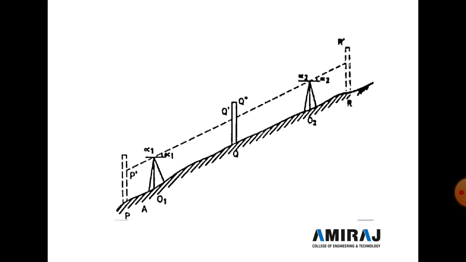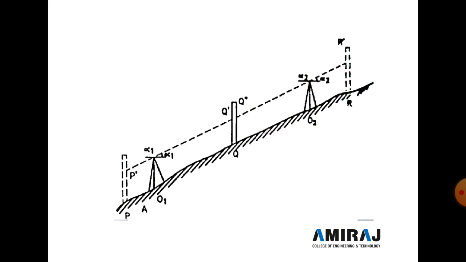So set up the instrument at point O1, and after setting up the instrument, three steps are done. First is centering, second is leveling, and third is focusing or bisecting. After focusing and bisecting, the line PR is measured. Make the line of collimation roughly parallel to the slope of the ground, and clamp the telescope.